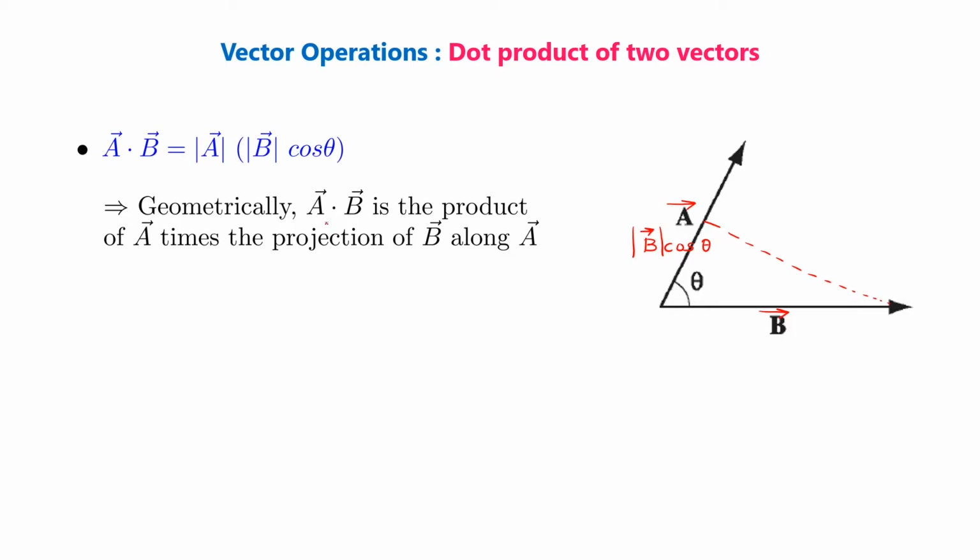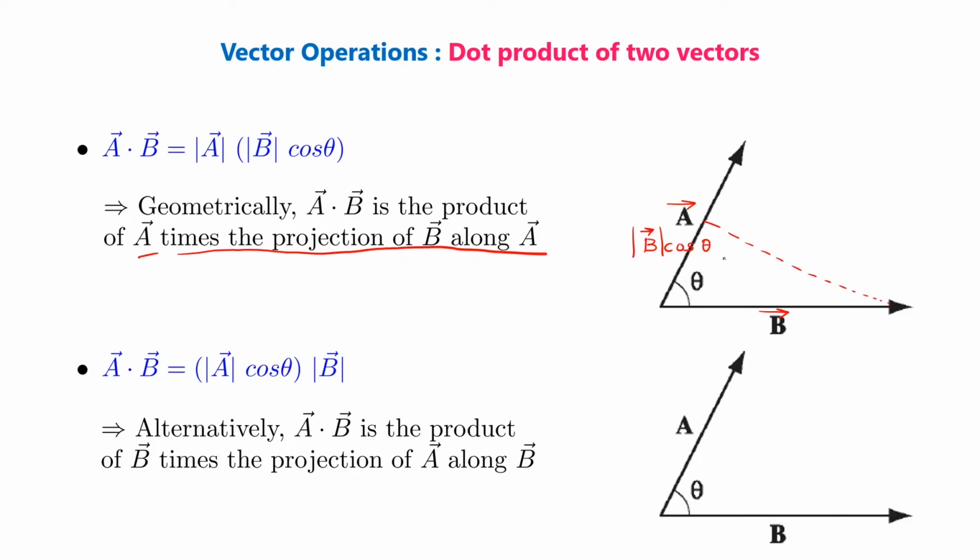So geometrically, vector A dot vector B is the product of A times the projection of B along A. We can also express this in another way. Let's write the dot product as vector A dot vector B is equal to modulus of vector A cos theta multiplied by the modulus of vector B.